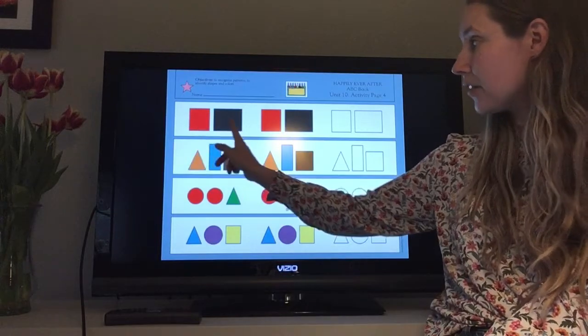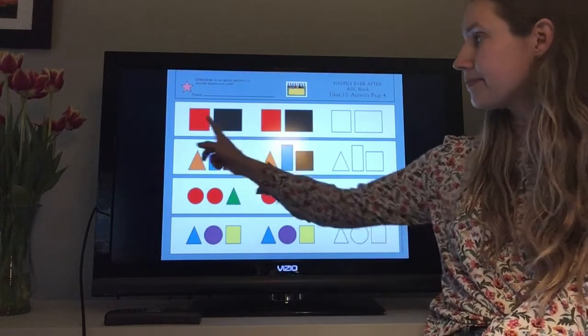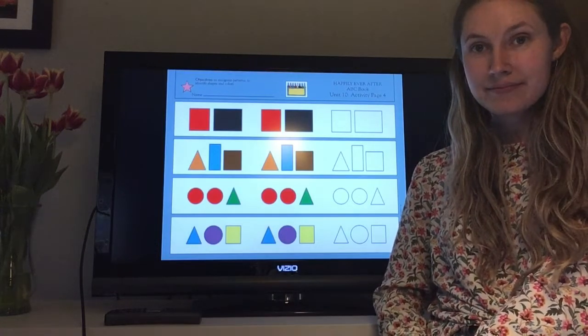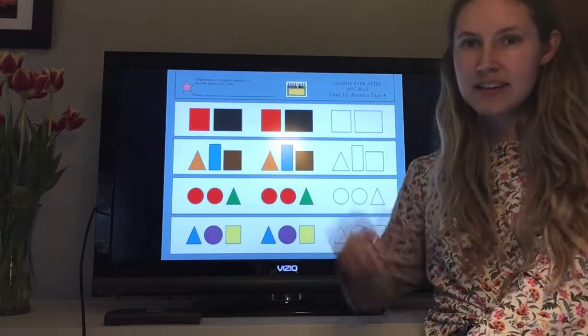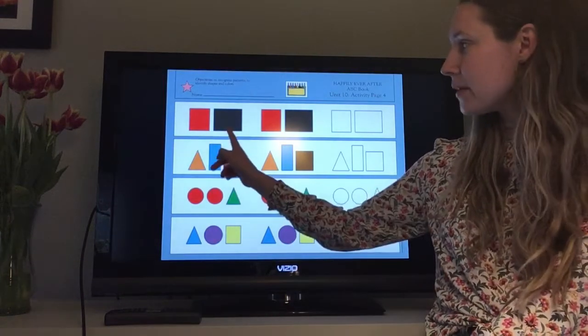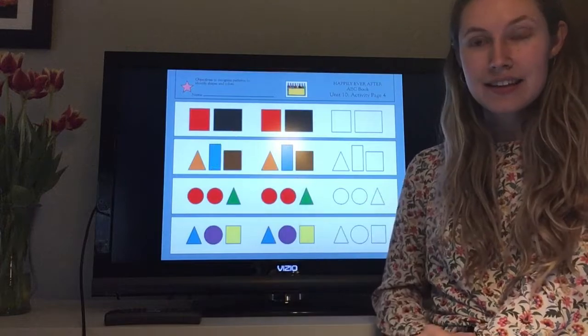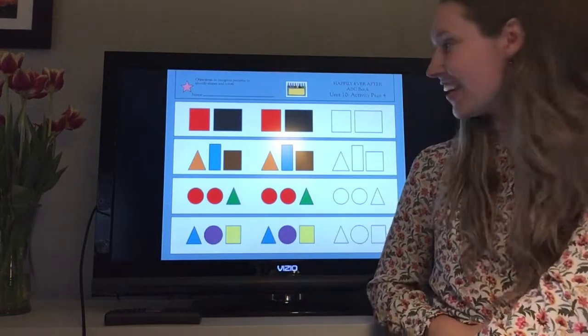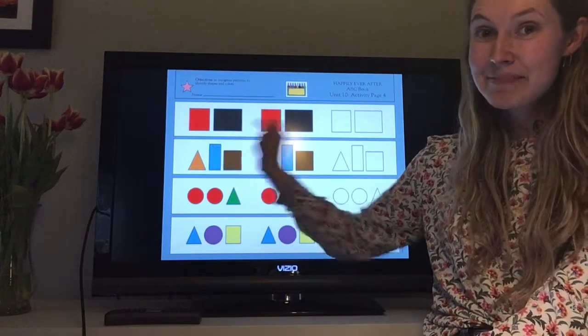What is this pattern here? What's the first thing we see? A square. And what color is it? Red. And then we see a rectangle, and it is black.